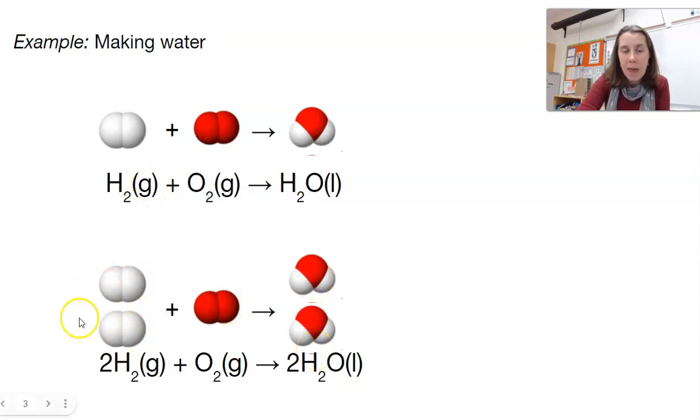We can show that we've balanced it with these big numbers in the front. They're called coefficients, and that number is multiplied by the whole thing. So 2 H2 means we have 2 H2 molecules, which means 2 times 2, 4 atoms of hydrogen. That's how we're going to count our atoms in our equation when we have coefficients.